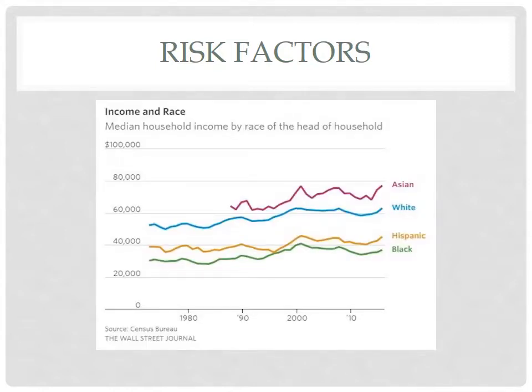It's also interesting to examine how the ethnic groups differ in terms of their risk. For example, we know that Asian Americans and Latin Americans are at a lower risk of cardiovascular disease than are Caucasian Americans, and that Caucasian Americans are at a lower risk of CVD than are African Americans. But this does not seem to be due to any kind of inherent genetic or biological factors.